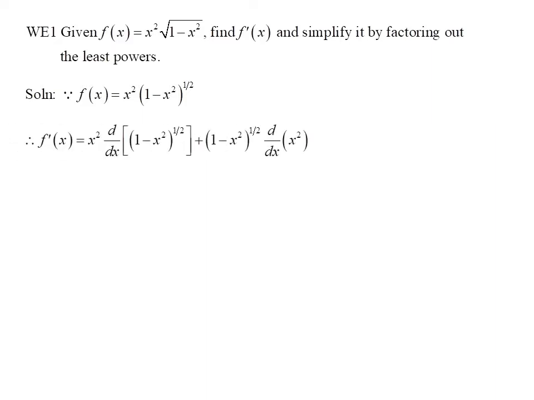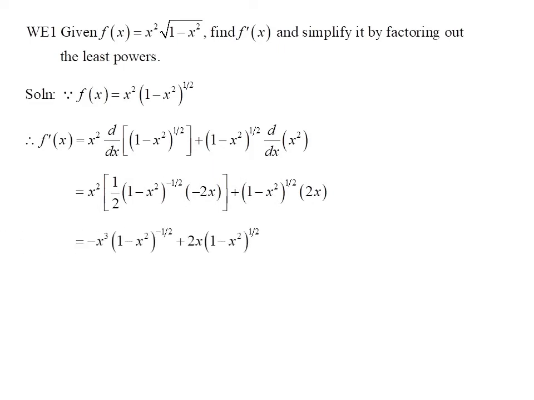According to the product rule we just learned, the derivative function equals x squared times the derivative of (1 minus x squared) to the power of 1 over 2, plus (1 minus x squared) to the power of 1 over 2 times the derivative of x squared, which can be further simplified by factorizing and combining the like terms.